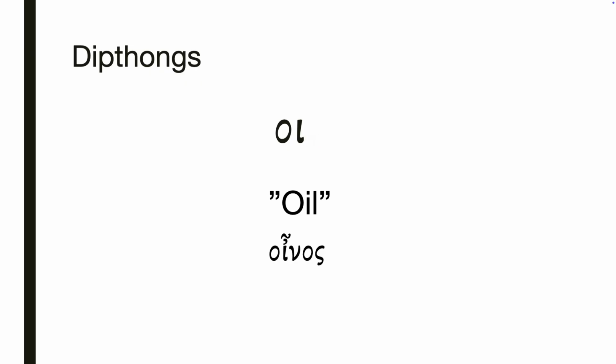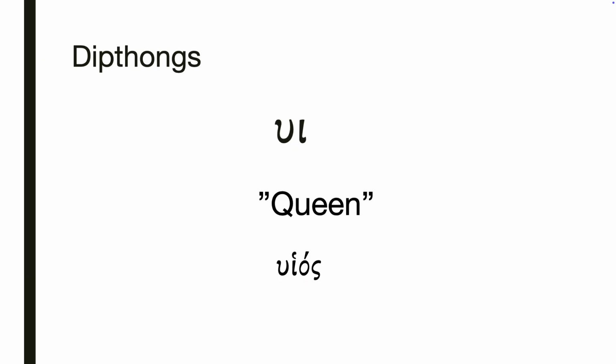Oi as in oil or oinos. Upsilon with iota makes a we sound, as in the English queen and the Greek huios. That H sound comes from the rough breathing mark that we'll talk about momentarily. We as in huios.